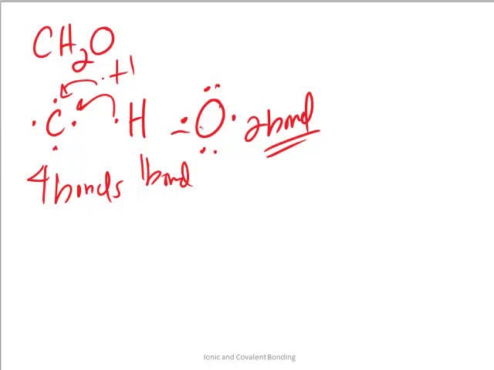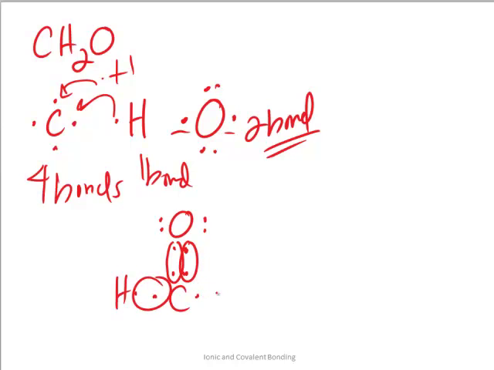And it just so happens that oxygen has 2 valence electrons that it also needs, and so the oxygen atom is going to share 2 pairs of electrons with the carbon, and 1 pair is going to be shared with the hydrogen. Okay, and so what this gives us is the structure for a ketone, or the simplest ketone, formaldehyde.